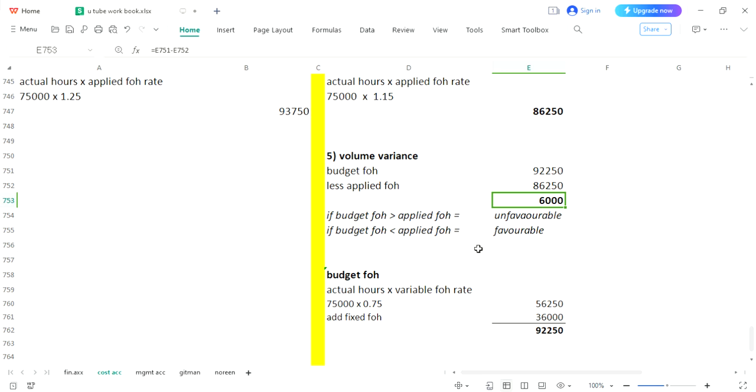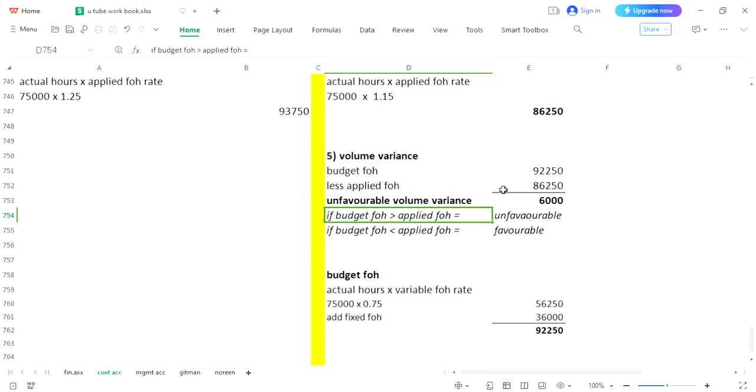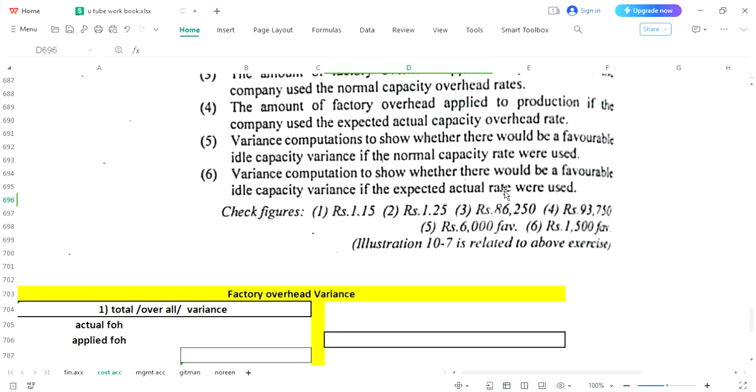It's time to conclude over here. Depending upon budget, it was 92,250, applied was 86,250, budget was more, so it would be considered unfavorable volume variance 6,000. And let's check out the answer.